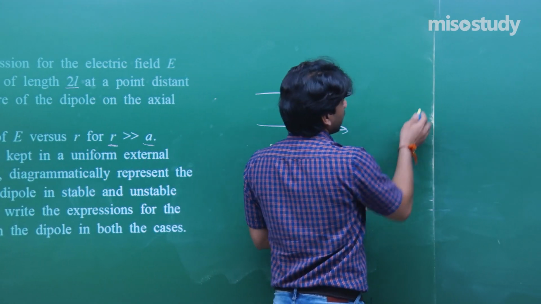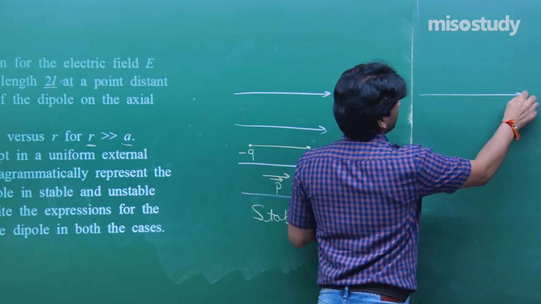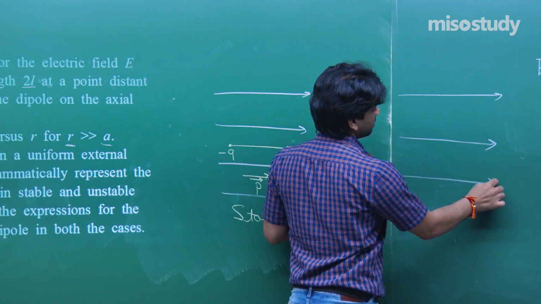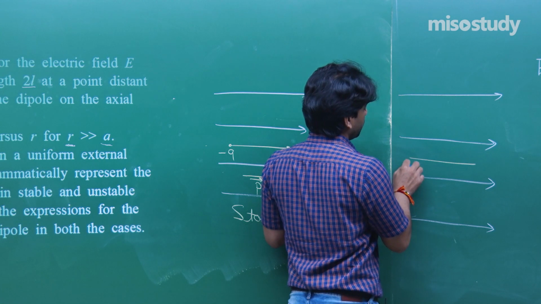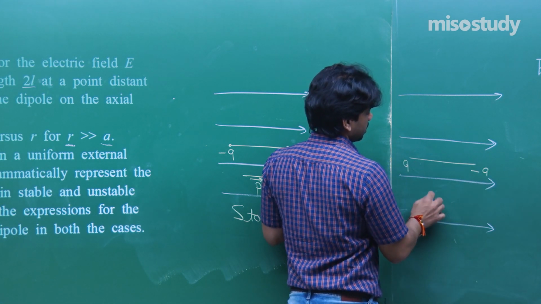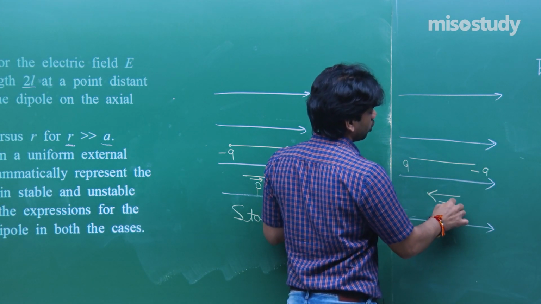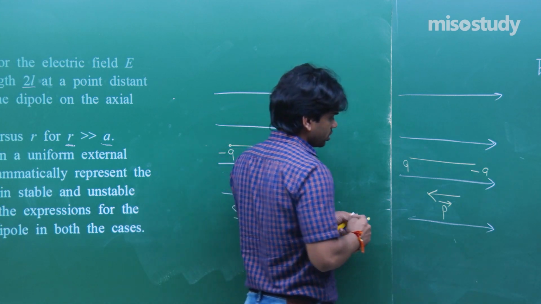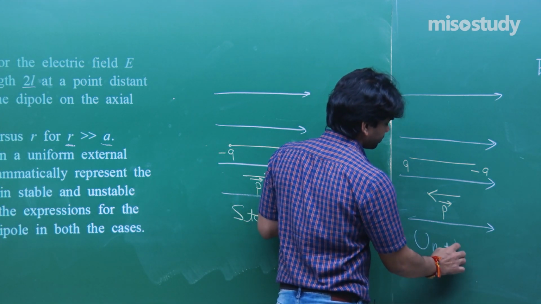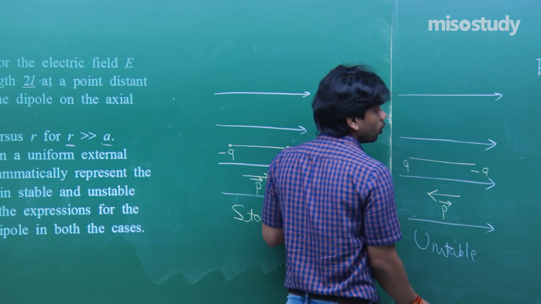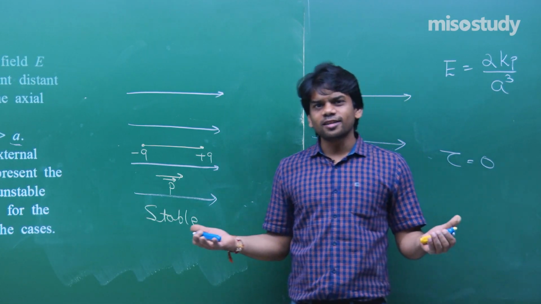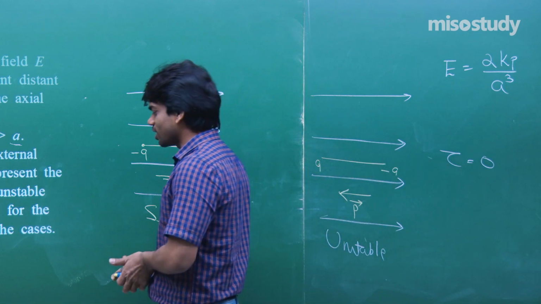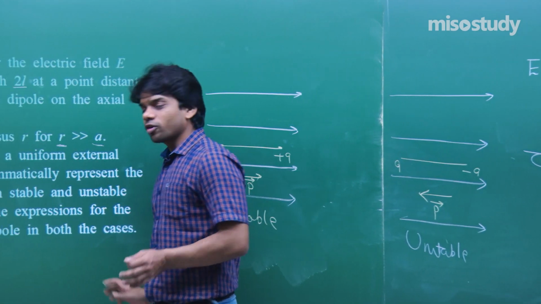And this is unstable, and for the reasons, if you have seen my classes on the dipole, you would have the idea: the dipole moment is in the opposite sense. So this is the case of unstable equilibrium. In both cases, torque will be 0. Torque is P cross E, P E sin theta, and sin 0 and sin 180 are both 0. So in both the cases, torque will be 0.